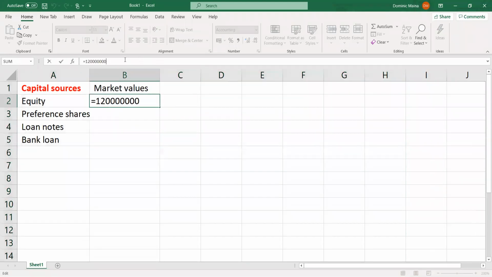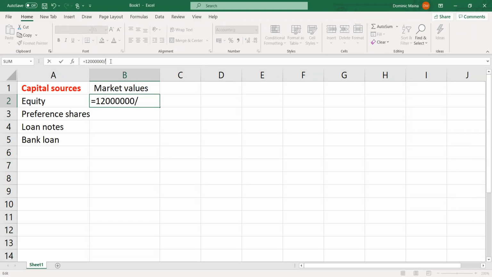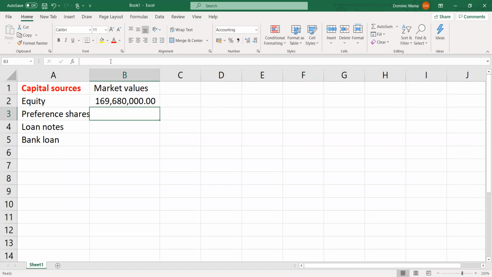You can see here the 12,000 nominal value, but one share is 0.5, so divide by 0.5, and we multiply by the market value per equity share, which was 7.07, ex-dividend, don't forget.